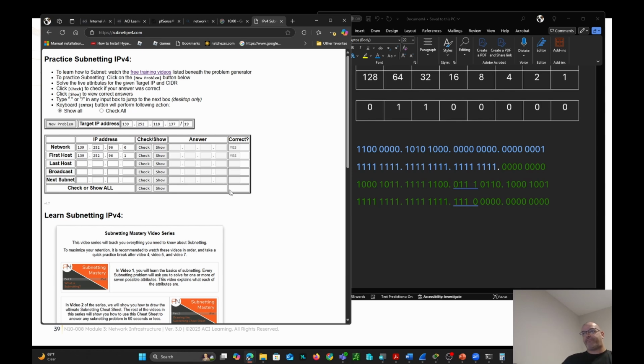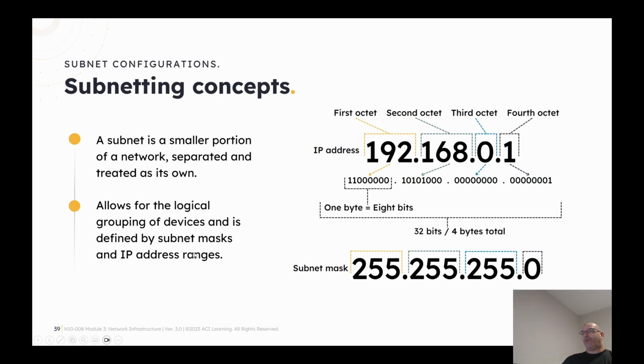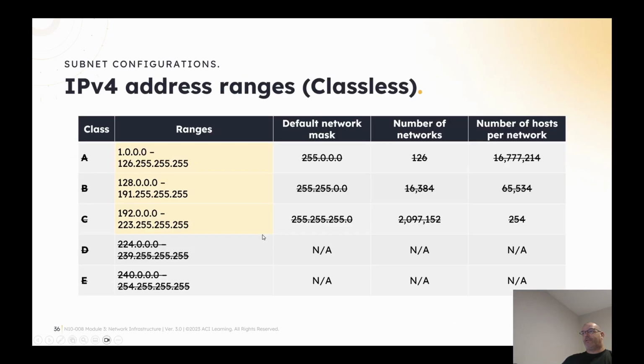Okay. Now, how do we get to the next subnet? In order for us to reach that, we have to know how many IP addresses are in this range. If we go back to our slide, there is going to be a range.